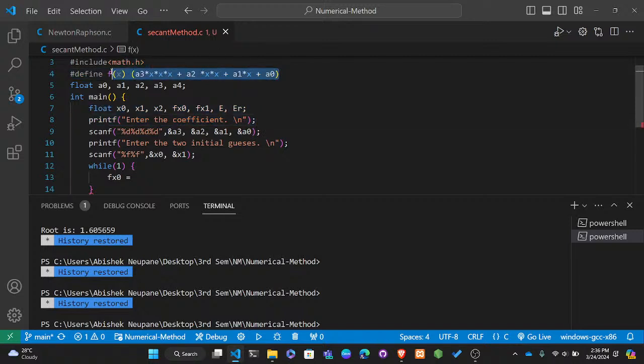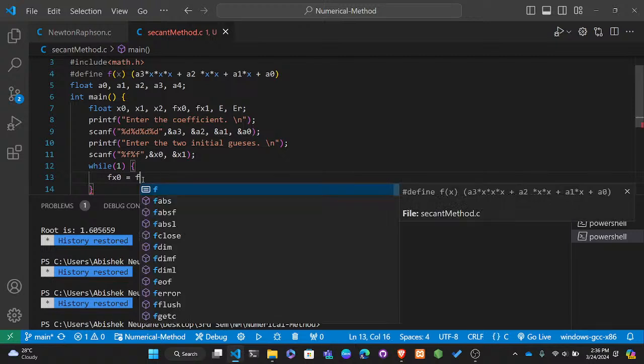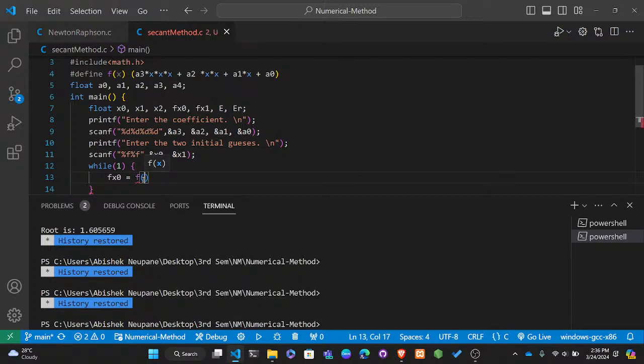Before that, we just give the values of a3, a2, a1, and a0, which are just the function coefficients. Now we are giving the value of x here. In our first case, the user will input initial guesses, whatever they may be, 1 or 2, and it will directly go and be stored in that function. So in f, there will be x0.